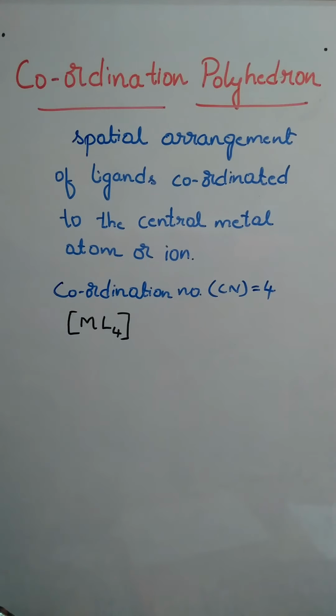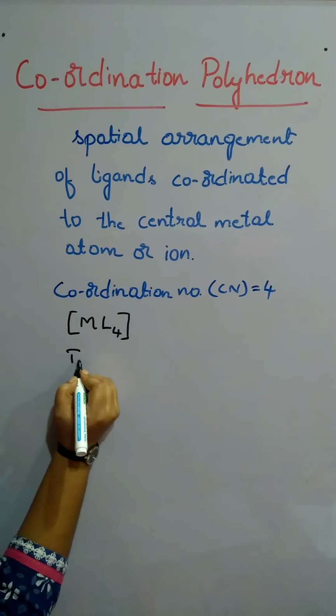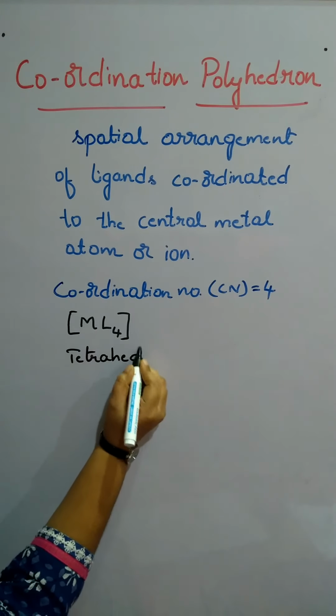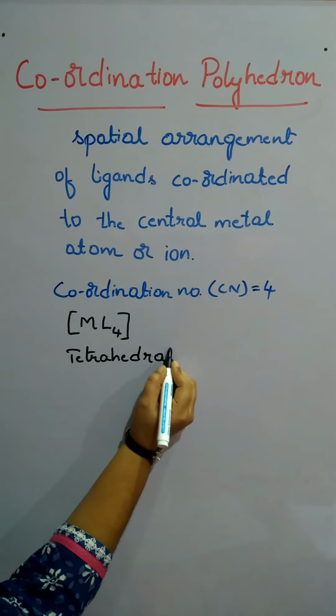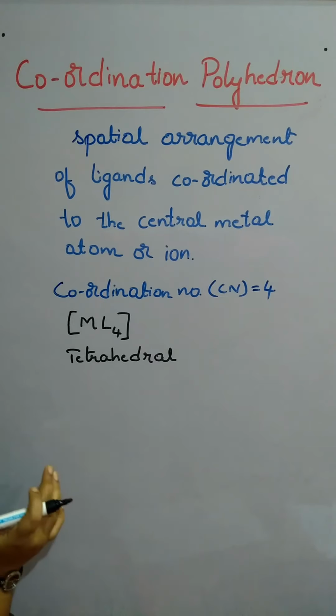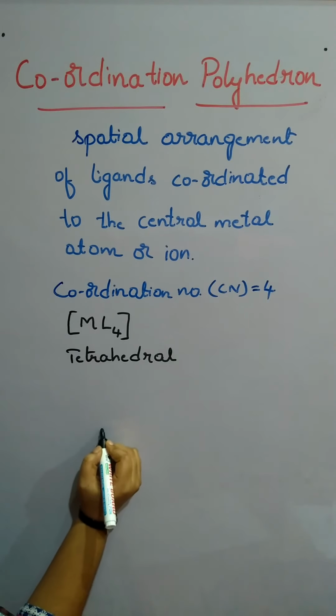These ligands are going to arrange in 2 different ways. One is tetrahedral, and the other one is square planar. First we shall go ahead with the tetrahedral one.